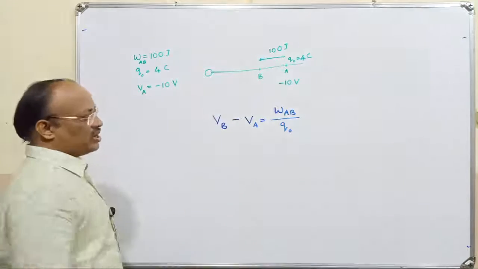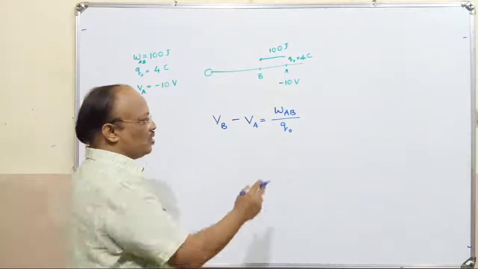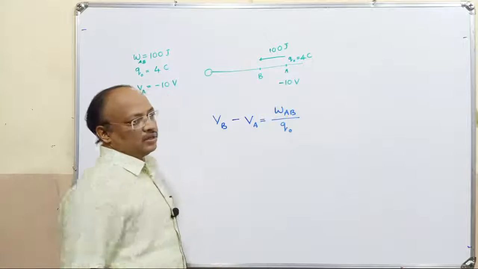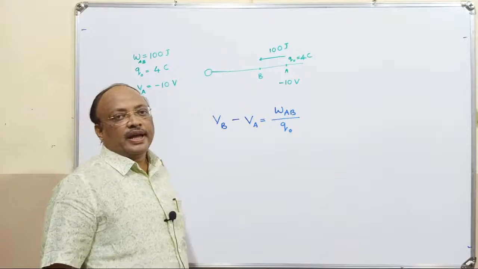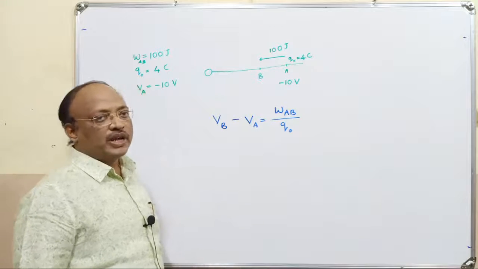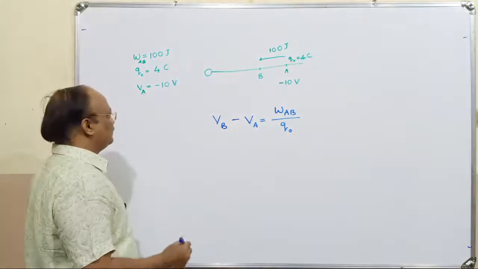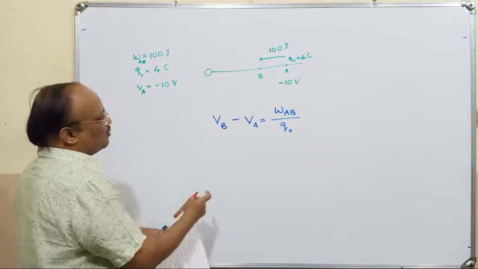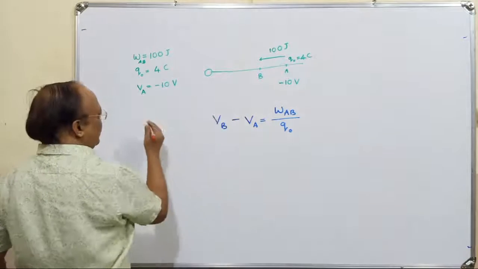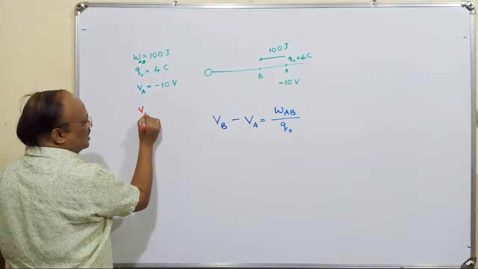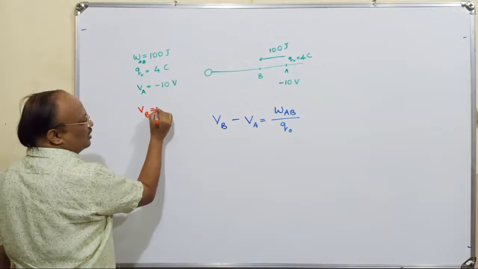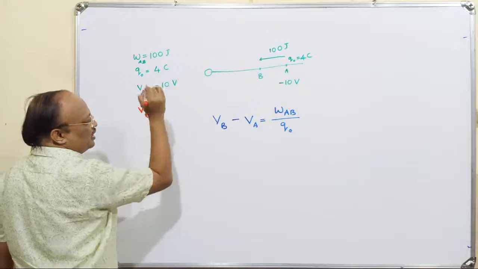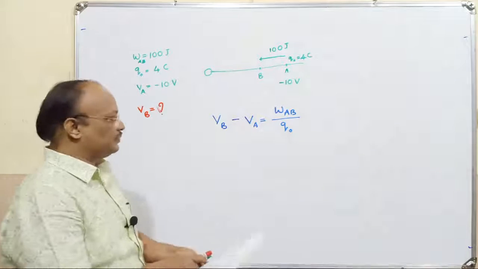The potential difference is equal to the amount of work done divided by the charge. This is our expression for the potential difference. They are asking us to find the potential at B, that is, the value of VB.